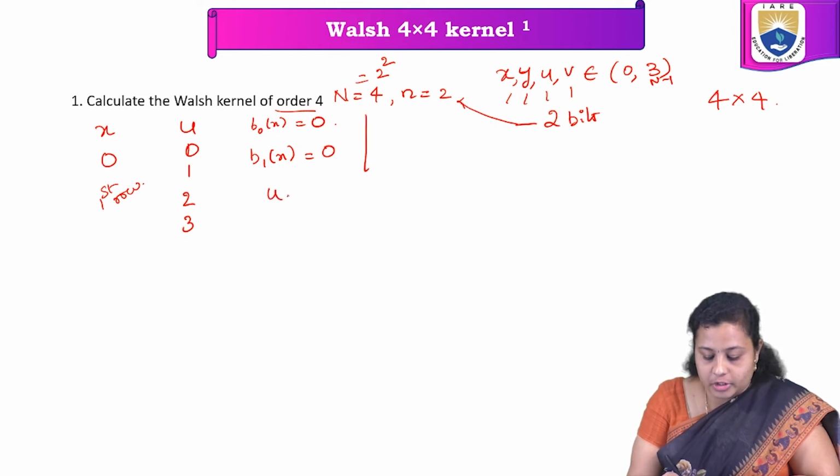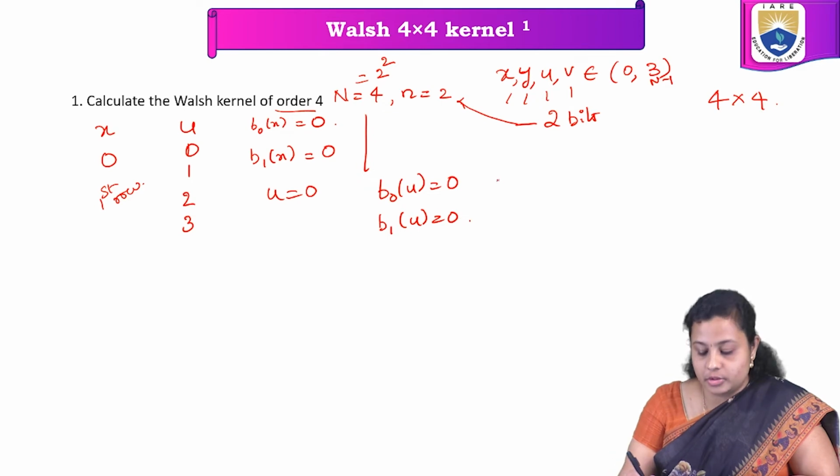When u equal to 0, b0 of u is equal to 0 and b1 of u is also equal to 0. When u equal to 1, b0 of u is equal to 1, b1 of u is equal to 0.